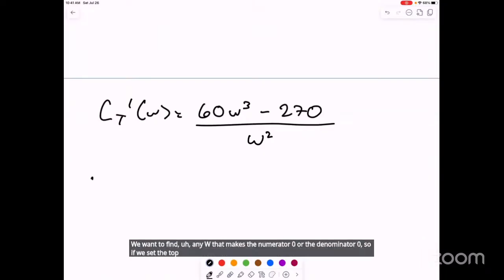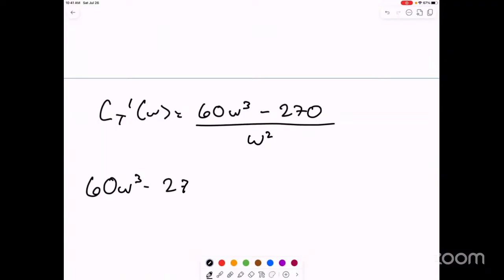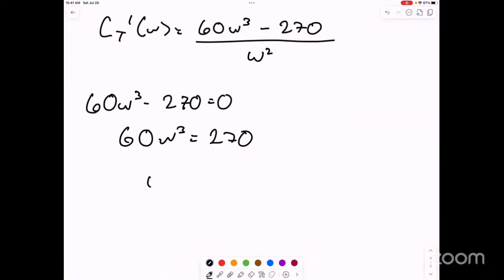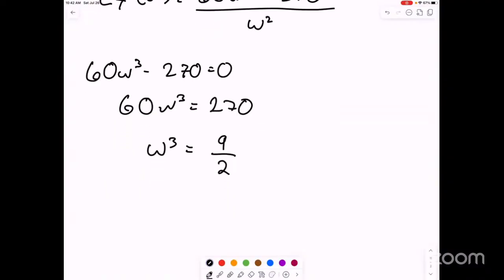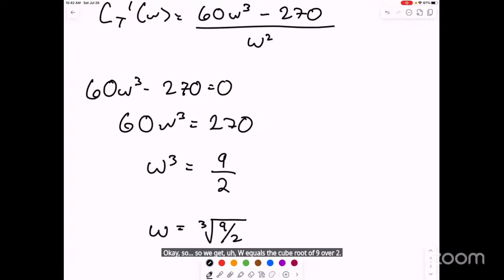So if we set the top to 0 and solve, okay, so we get W equals the cube root of 9 over 2, or 0.